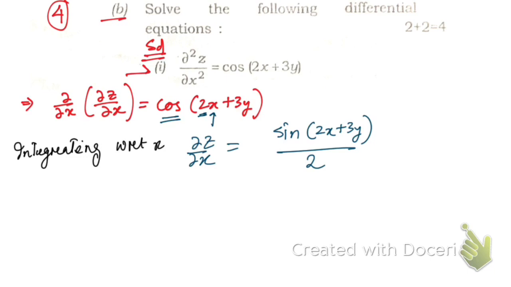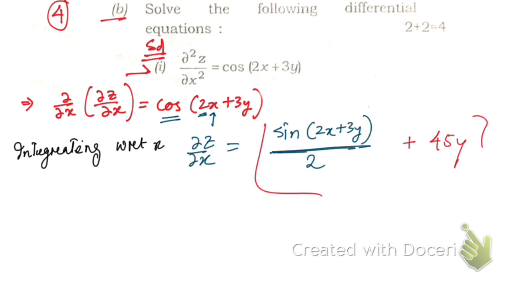But here you see, due to integration of this one with respect to x, you are getting sine of twice x plus thrice y divided by 2. So if you differentiate this, then you should get this term again, right? Obviously you will get this. And one more thing, suppose you have a function of y, suppose 5y, 4y, 45y, whatever you have.